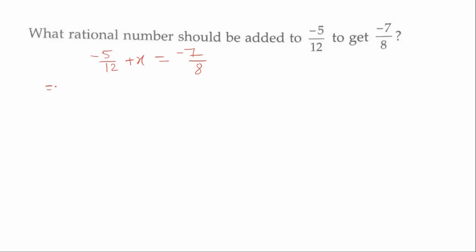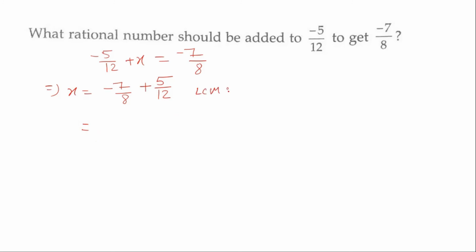So we can write x is equal to minus 7 by 8, minus 5 by 12. If we transpose it on the other side of this equal to sign, the symbol will get changed to plus 5 by 12.